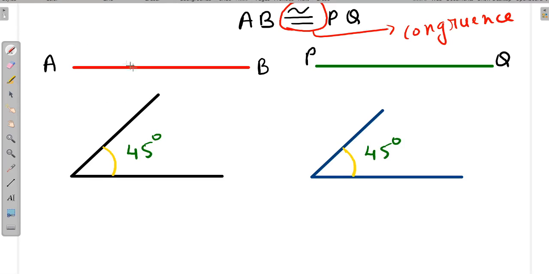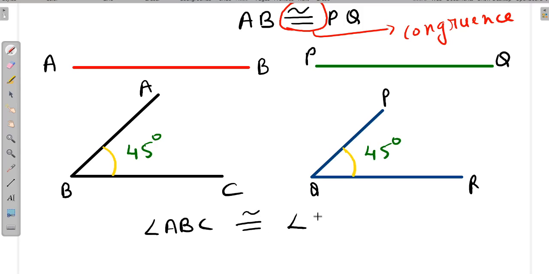We can write it, but first we have to give the names. If this angle is A, B, C, so this is angle B, and the other is P, Q and R. So we can write it like this: angle ABC is congruent to angle PQR.